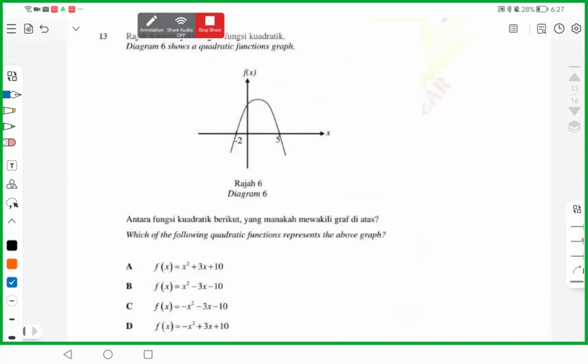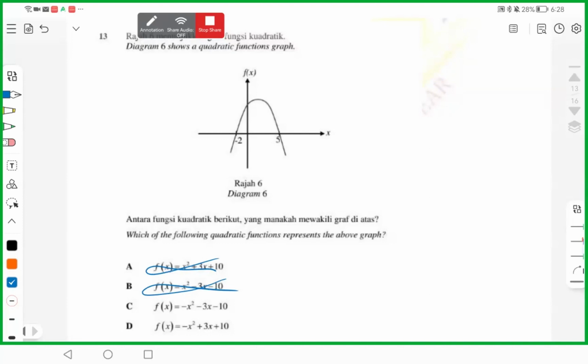By looking at the value of a first, the graph is N shape, so the value of a must be negative, right? So the answer cannot be A and B, because in A and B, the value of a is positive.